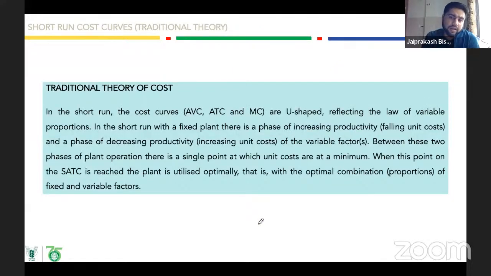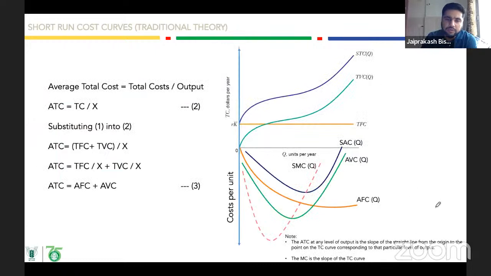Why are they U-shaped? Because they reflect the law of variable proportion. Okay, in the short run, with a fixed plant, there is a phase of increasing productivity and a phase of decreasing productivity. You see in this total cost curve, initially the cost decreases. It means the productivity of the inputs is increasing.